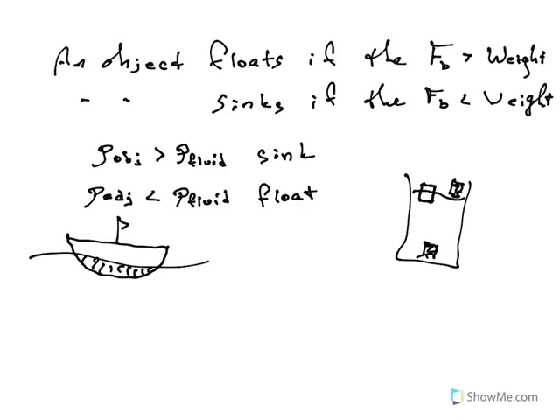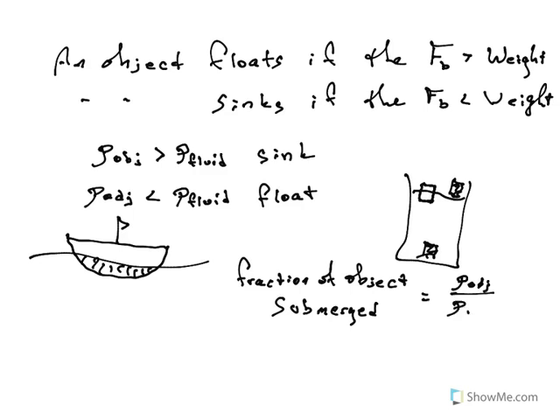And so if you ever need to find out, let's say, how much of an object will be under the water's surface if you place it in the water or in a fluid, the relationship goes like this. The fraction of the object which is submerged, that is under the water, is equal to the ratio of the density of the object to the density of the fluid.